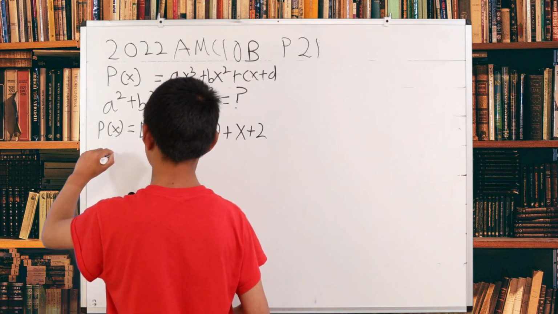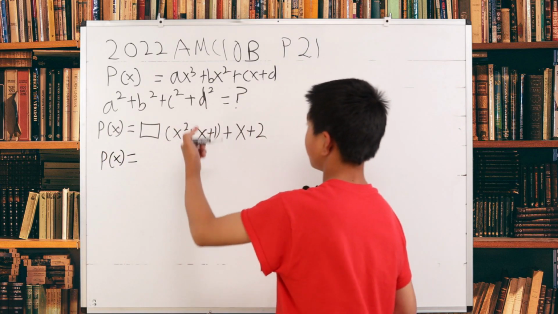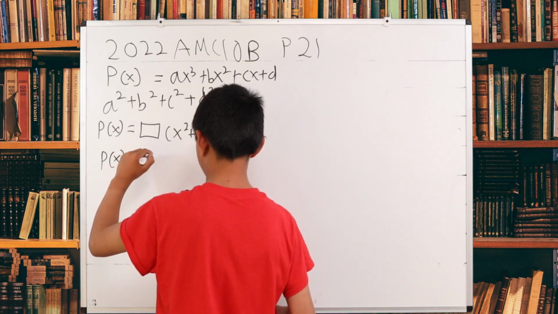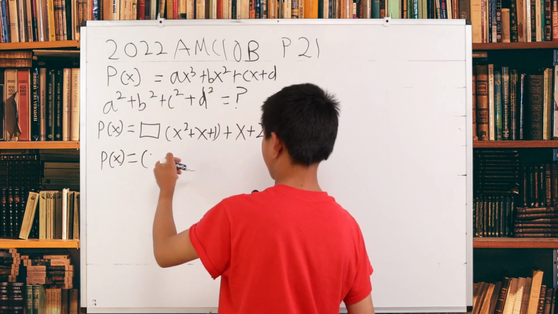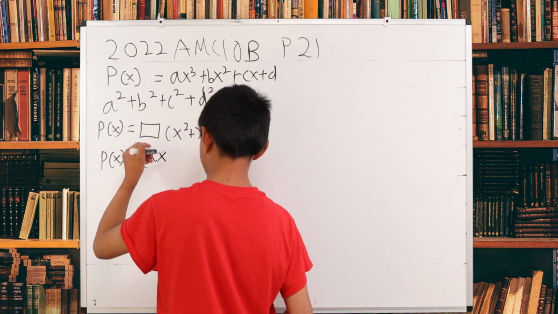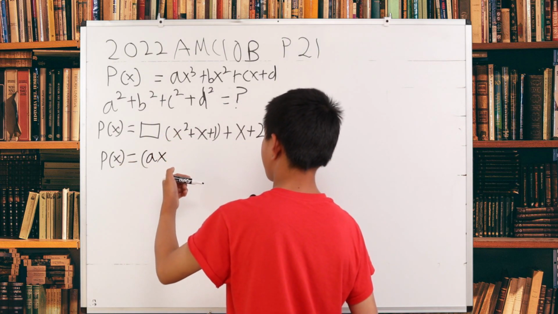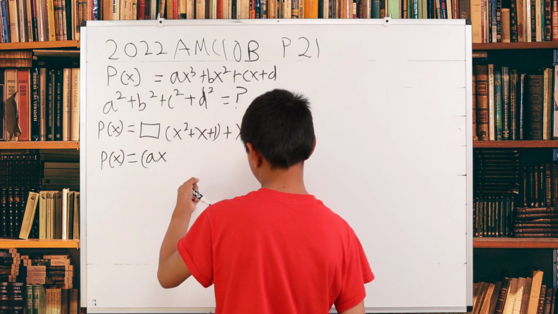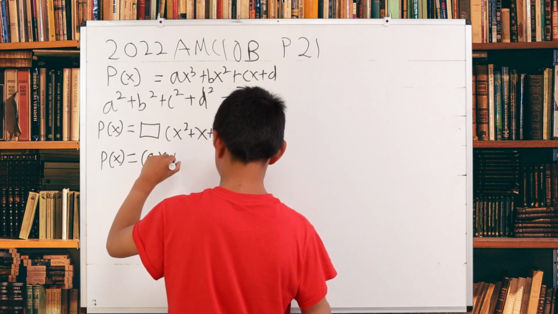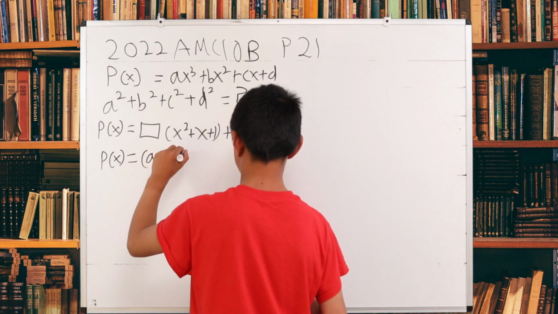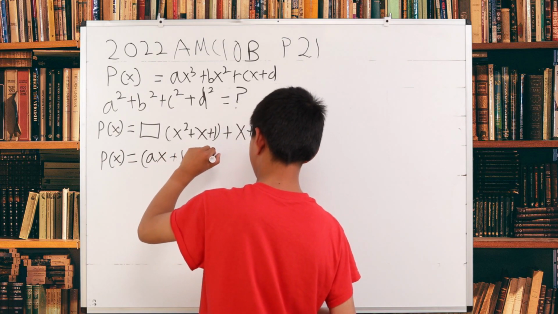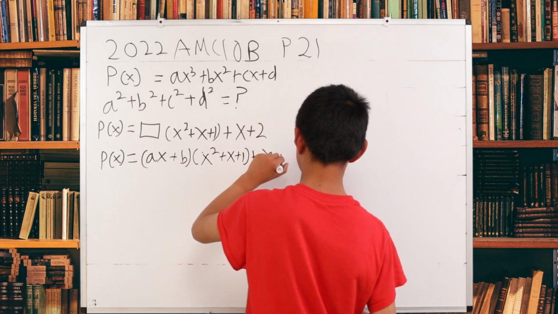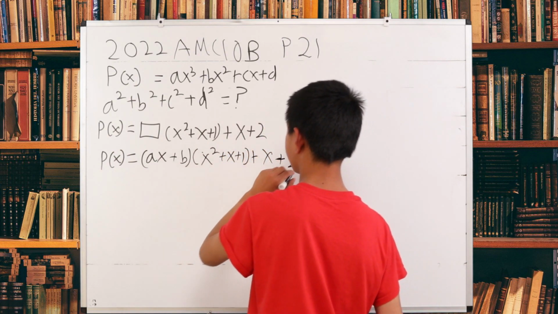Now we can just set a random term in here and solve. Since it has to be a cubic, let's say it's ax plus a random number b, times x squared plus x plus 1, plus x plus 2.